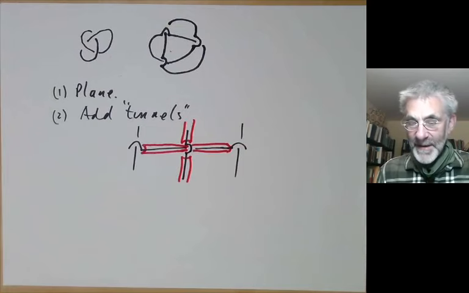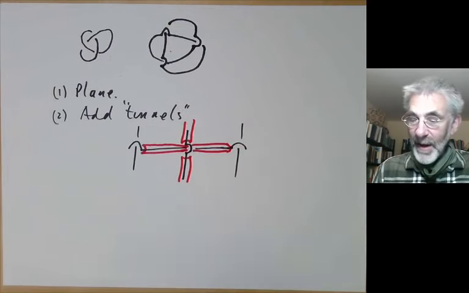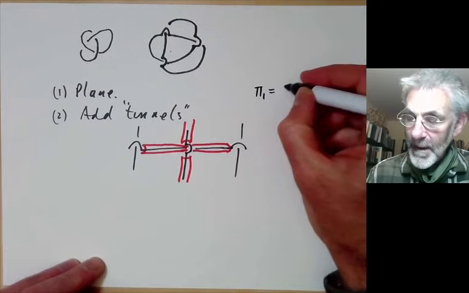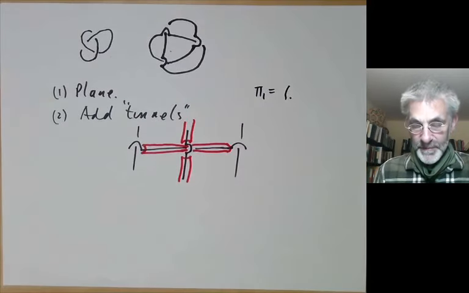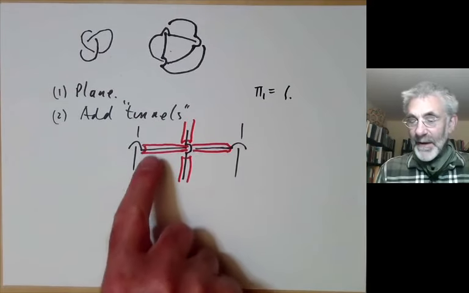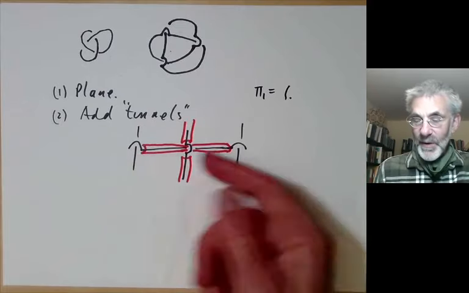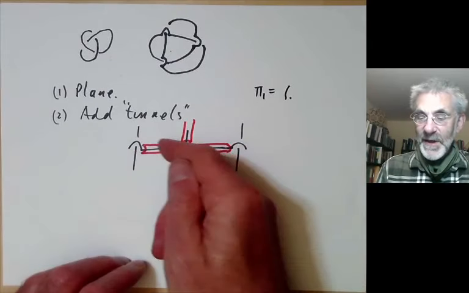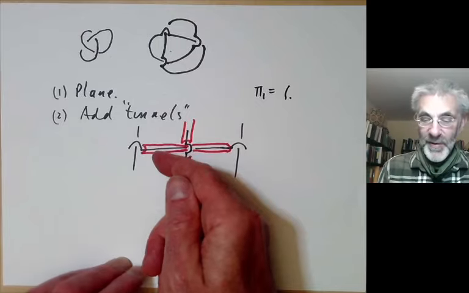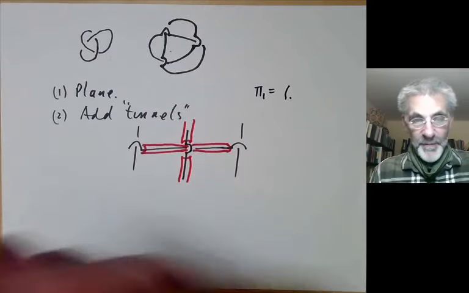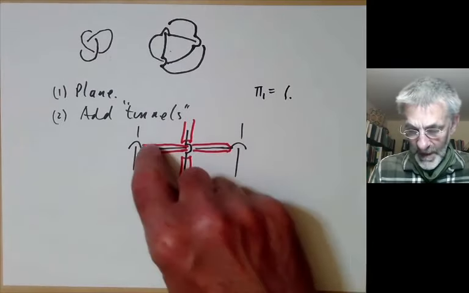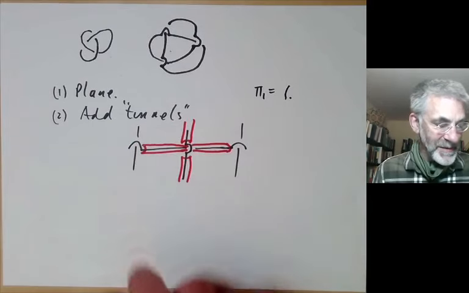And let's think what that does to the pi1. Well, the pi1 of a plane is just trivial, of course. And now let's think about what happens when we add a tunnel. Well, if you squish the tunnel up, you see we're really just adding a loop to the plane by taking a unit interval and joining its two ends to the plane.